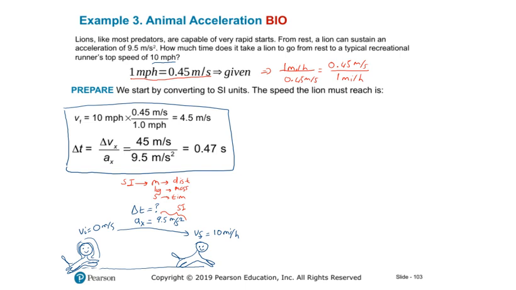The conversion factor is given to me here. So I can multiply my number by 1 mile per hour over 0.45 meters per second, or 0.45 meters per second over 1 mile per hour.